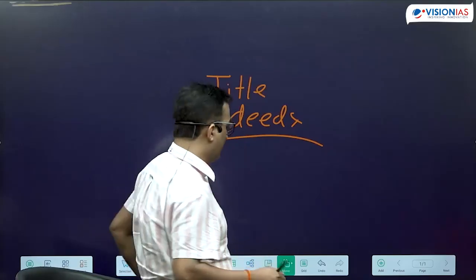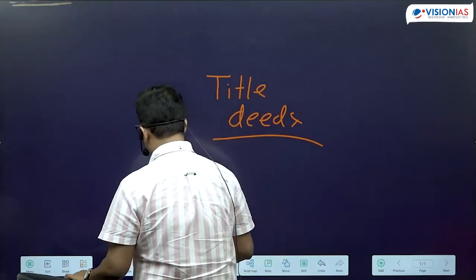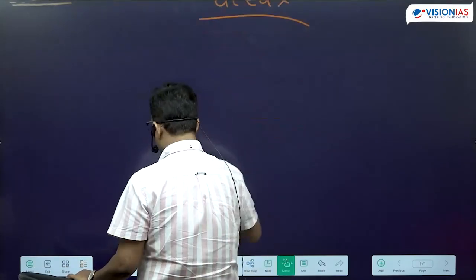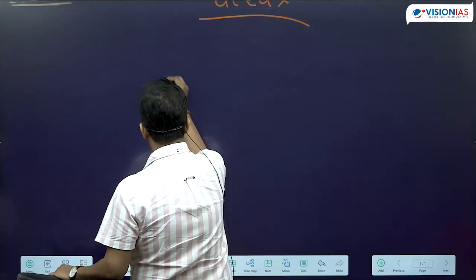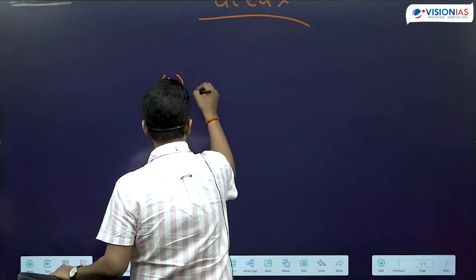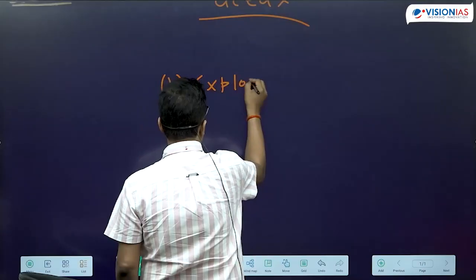So major title, economic causes, and in the very first point you write exploitative land revenue systems.